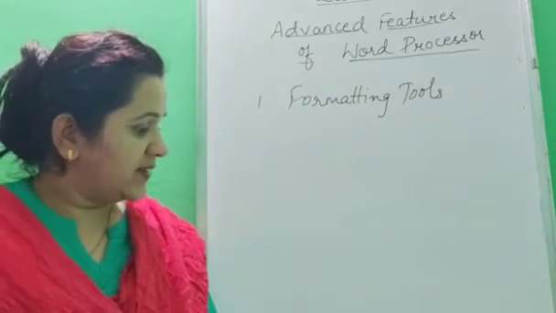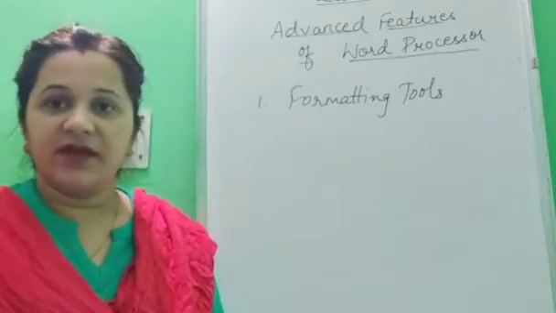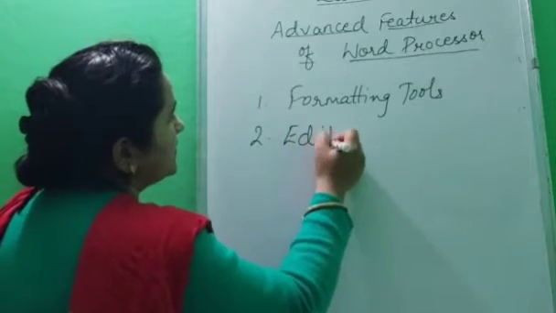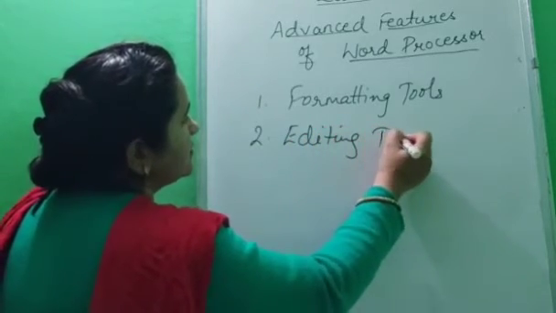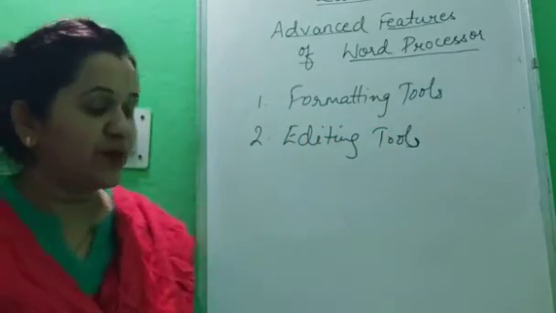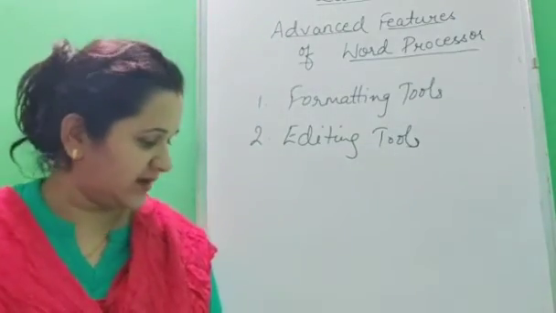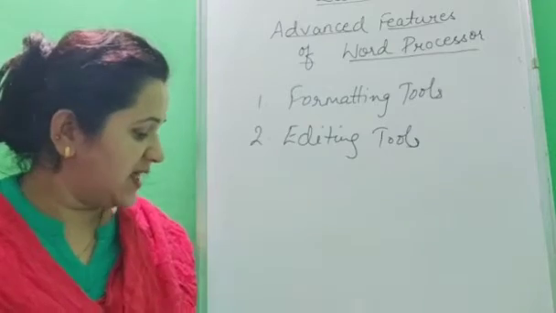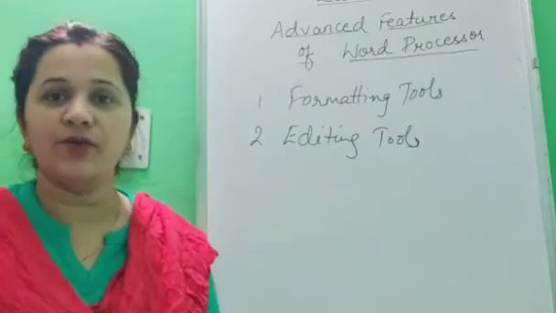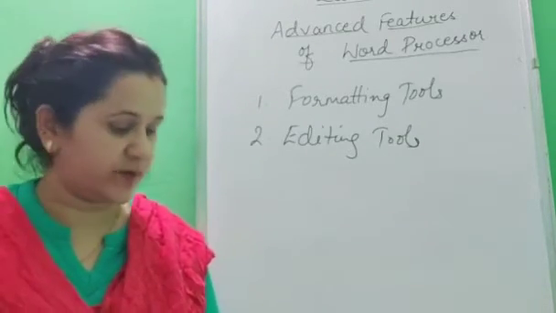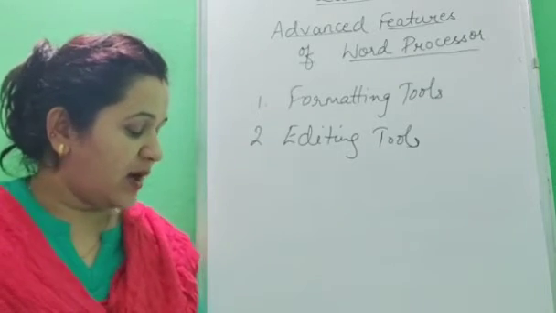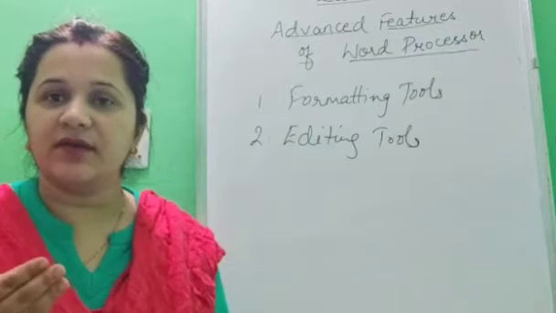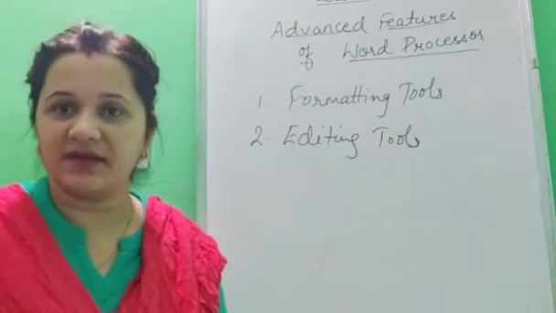Now next we studied the editing tools, in which we studied the header and footer, and how to apply the header and footer in your document. Next I told you how you can insert columns in your document, and how you can apply line breaks and paragraph breaks.